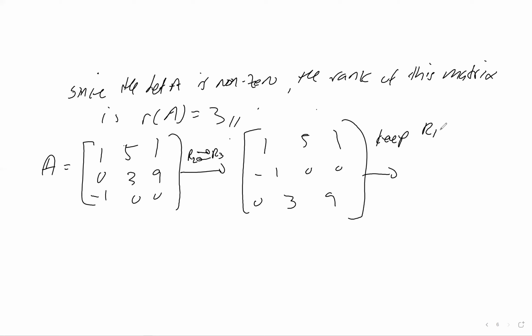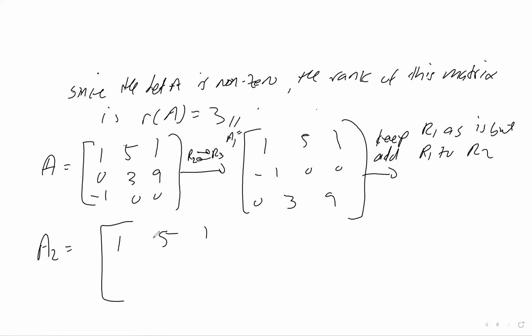We keep row 1 as is, but we add row 1 to row 2. And this is going to be A1, and then now we're going to have A2. As we said, we keep row 1 as is, 1, 5, 1.